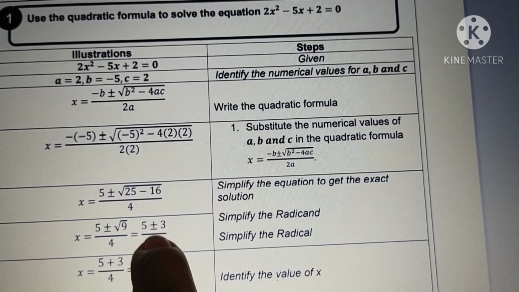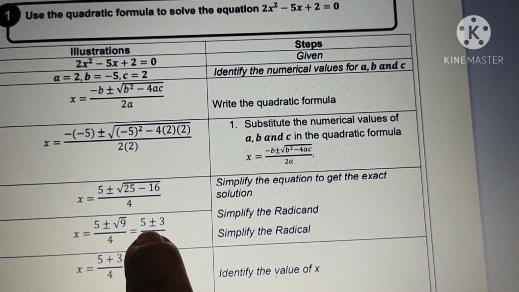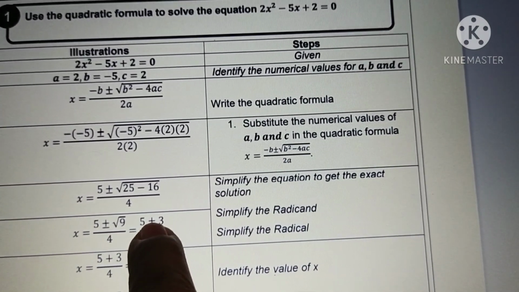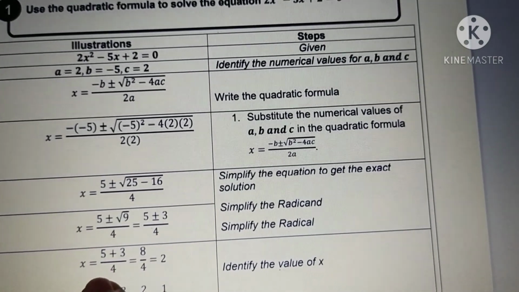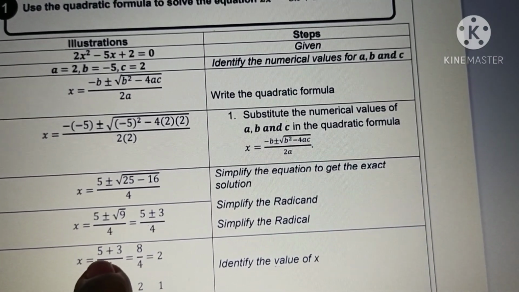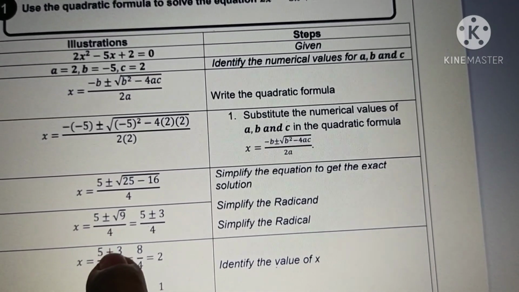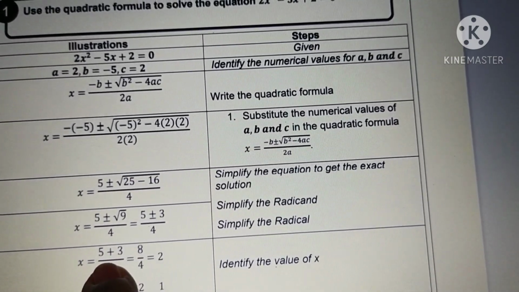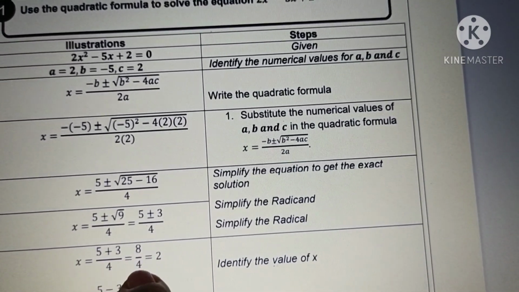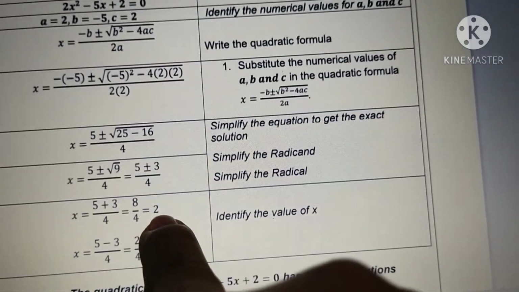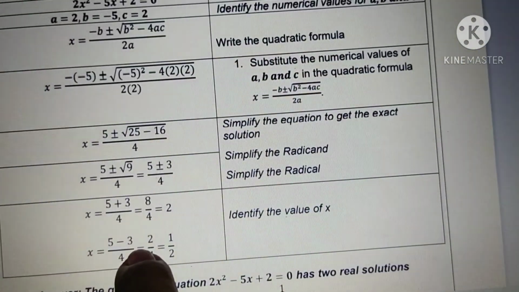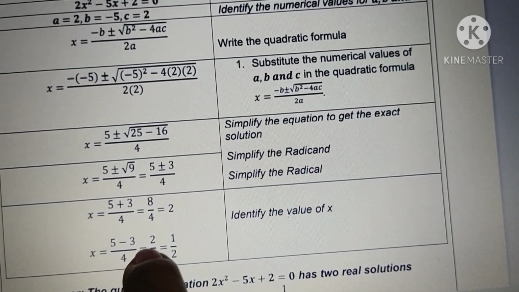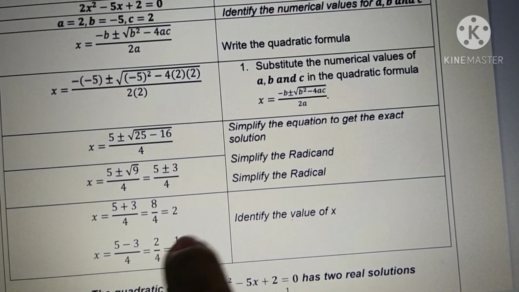Then there are two values of x. Yung isa, you will use the plus, the other one you will use the minus. First, we will use the plus. 5 plus 3 divided by 4 will give you 8 divided by 4, which equals 2. While for the other one, you will use the minus: 5 minus 3 over 4, or 2/4, or 1/2.